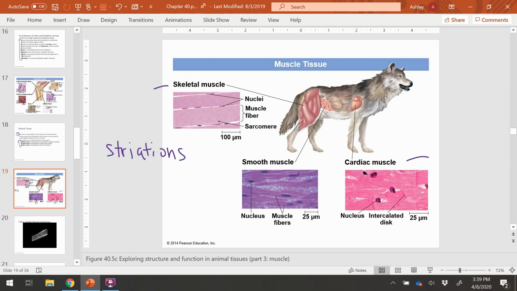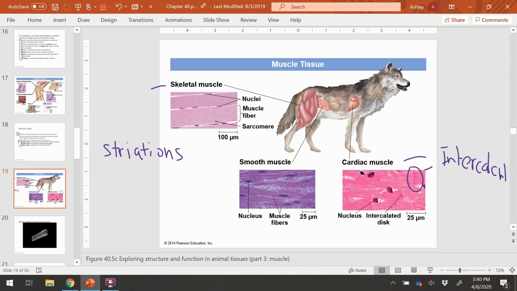These striations you can see along with very long fibers of skeletal muscle. Cardiac muscle actually has lines called intercalated discs that help with transmission of signal.